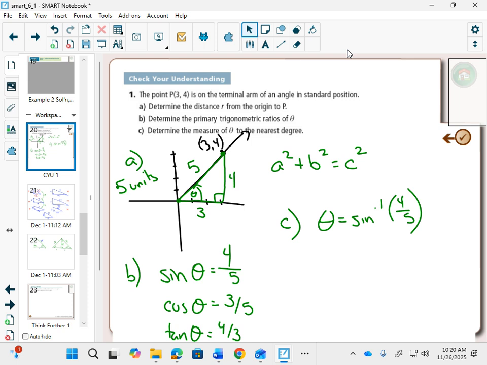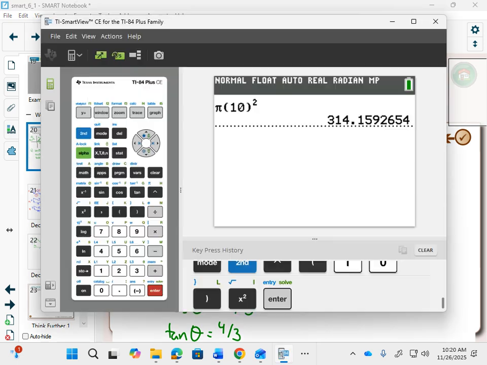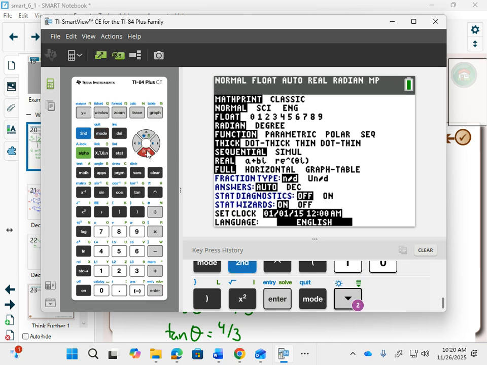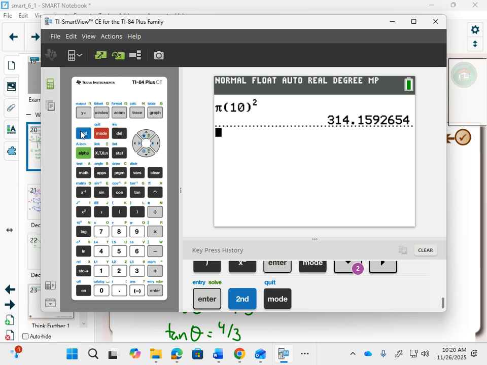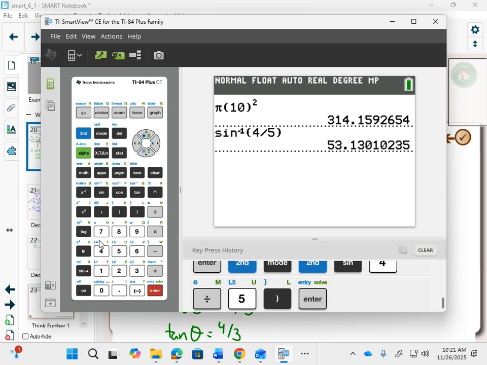I'd go to my calculator, and I'd like everybody to try this, because some calculators, maybe you borrowed from a friend, might not be in degrees. So on my calculator, I'm switching to degrees. And then I go second, sine inverse 4 divided by 5, and I get 53.13.